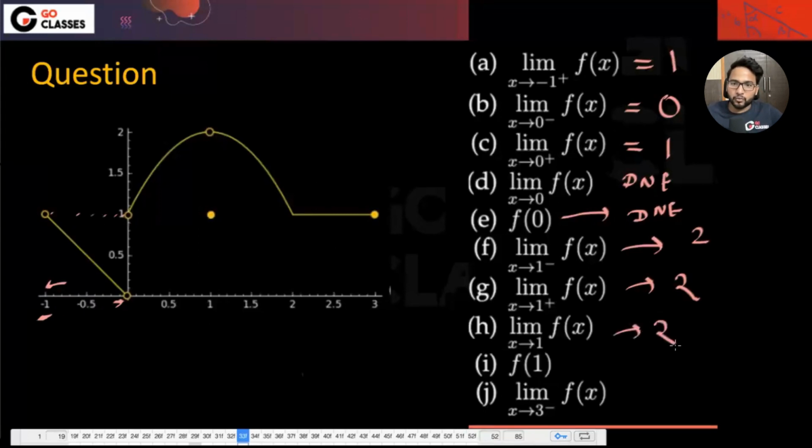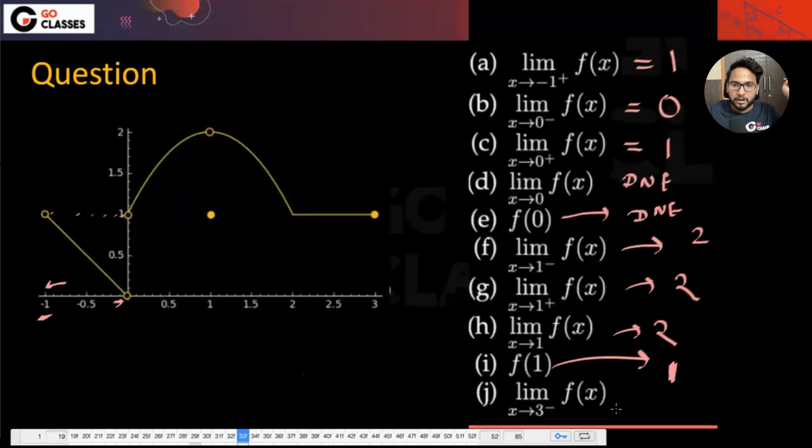At 1, it is 2. This is x approaching 1 from the left and right, and it is 2. Both have to be equal. But the value of f(1) is actually 1. If you're coming from the left or right, it is approaching 2, but at that particular point, it is 1.